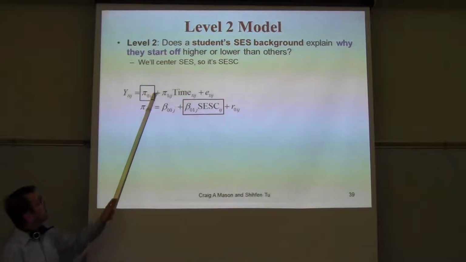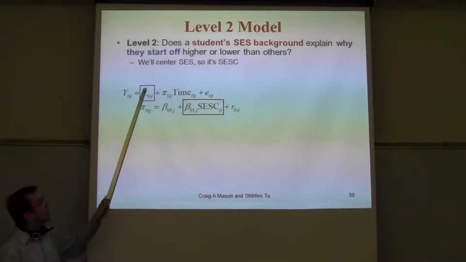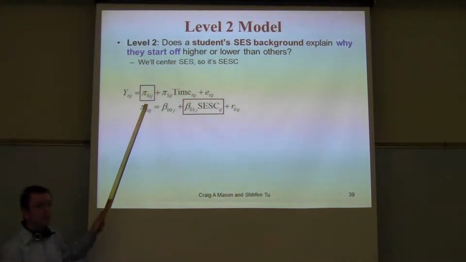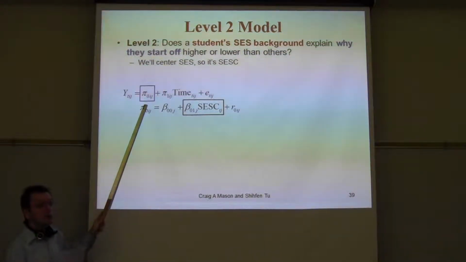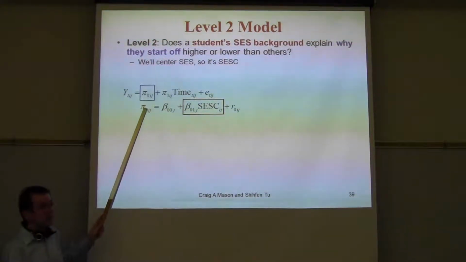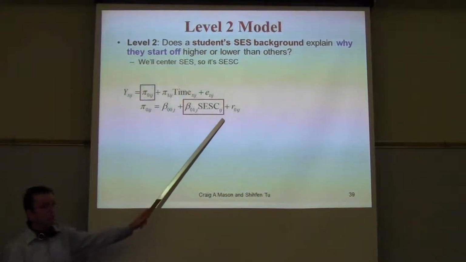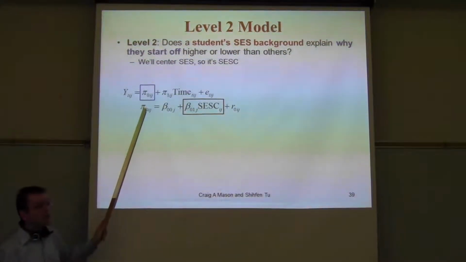What we're really getting at is, are there child characteristics that explain why some students have larger pi zeros, larger pi intercepts than other students? And mathematically, here's what we're doing. We're not predicting their scores anymore.